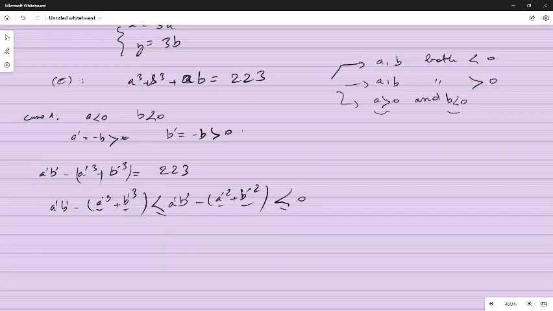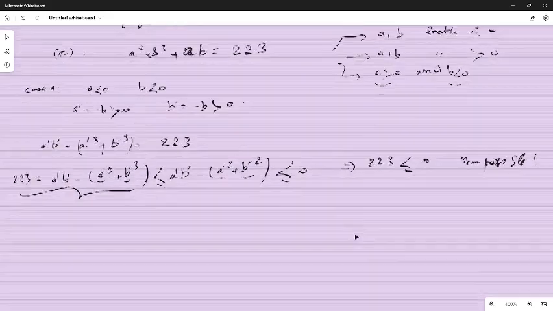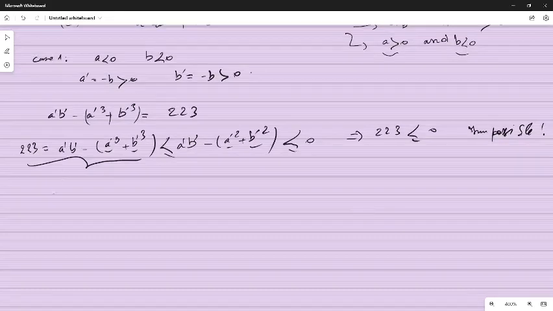And we have this quantity is equal to 223. This implies that 223 is less than 0, which is impossible. So in this case, the first case is impossible. Case 1 is impossible. So no solution in this case.